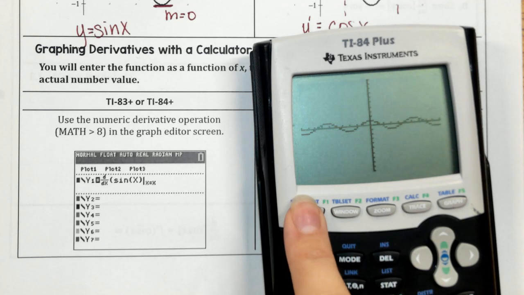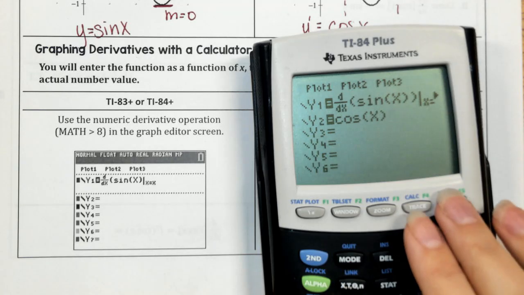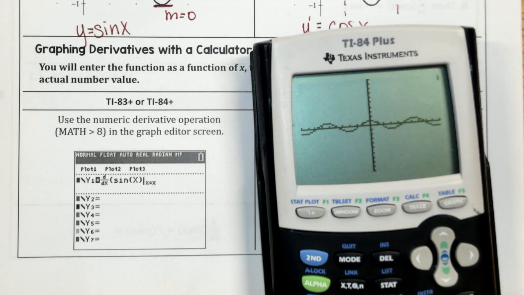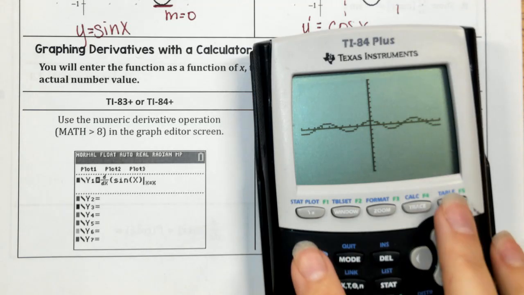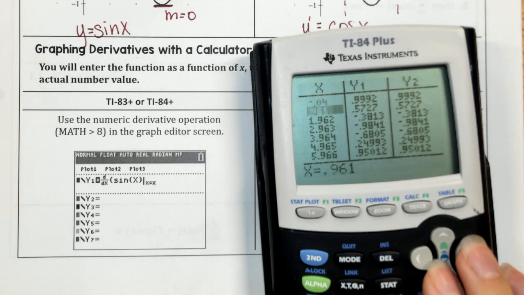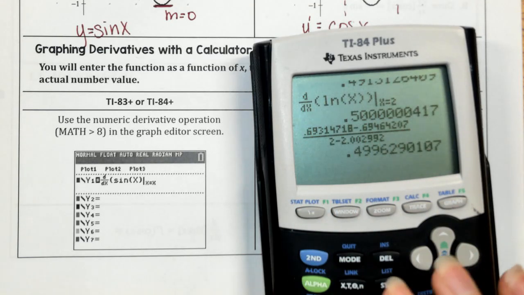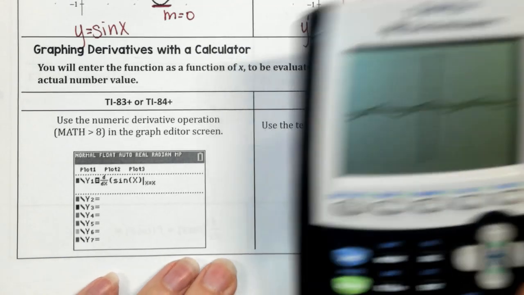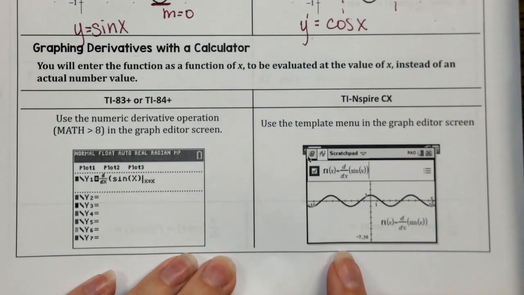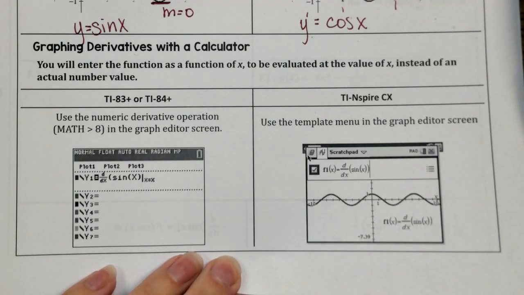If I went in here and I just put in cosine of x, those should be the exact same graph. And you can prove it here in your table. So it checks out. If you have a different calculator than me, then follow that one.